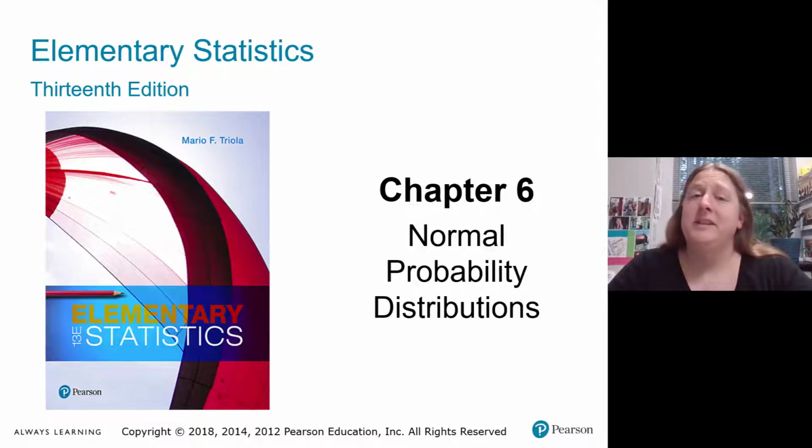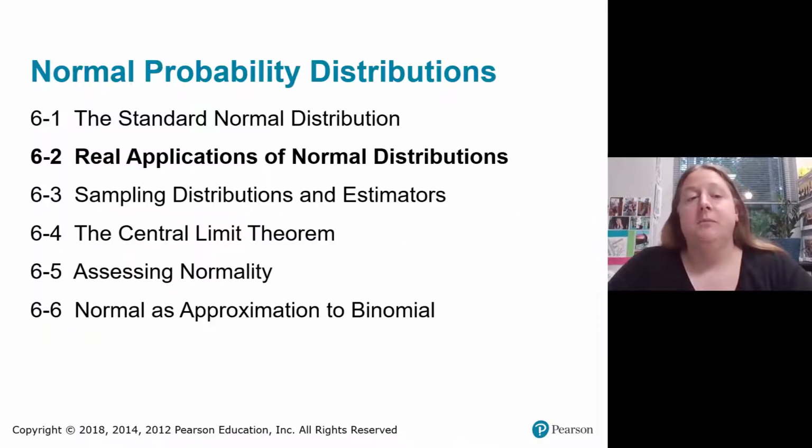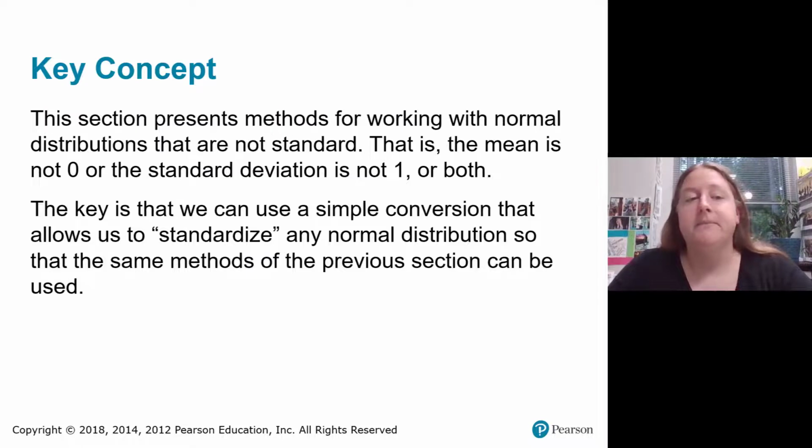Today, we're going to continue our exploration of normal probability distributions by taking a look at some real applications of normal distributions. This is going to allow us to get away from just that standard normal distribution that we talked about last time.